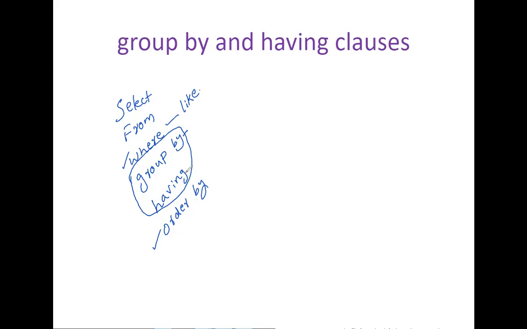So having comes after group by. Having we can use only after group by clause. But group by you can use whether having is there or not.